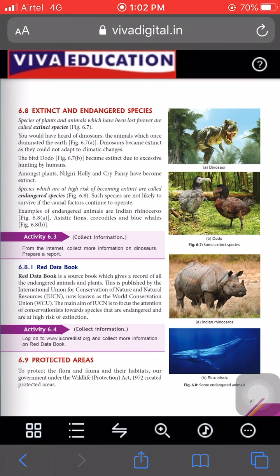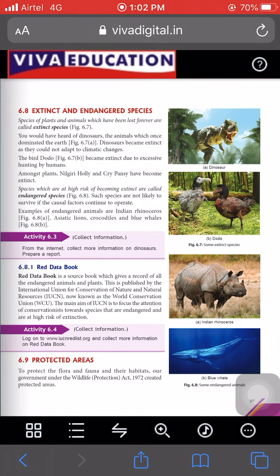Next is extinct and endangered. As we discussed, extinct species are those species that are finished from the earth's surface, like dinosaurs and dodo, and endangered species are those at high risk of becoming extinct, like the Indian rhino, crocodiles, and blue whales.